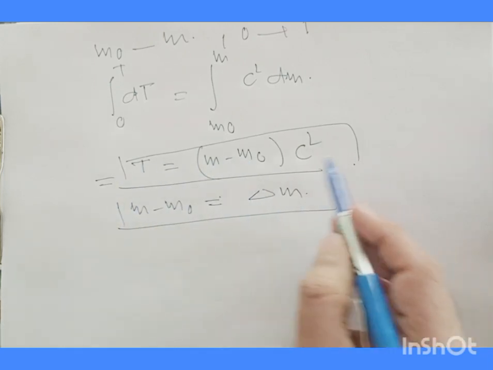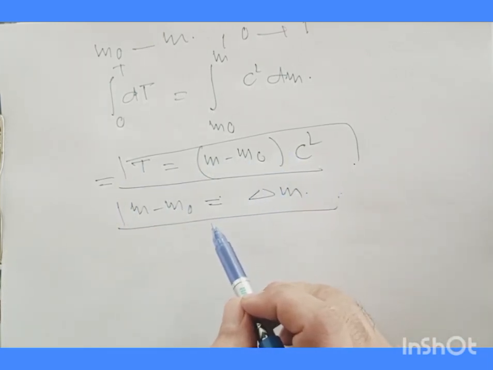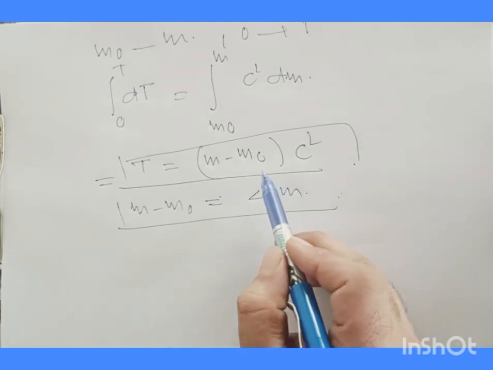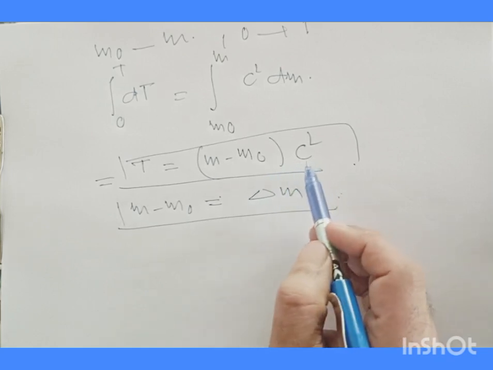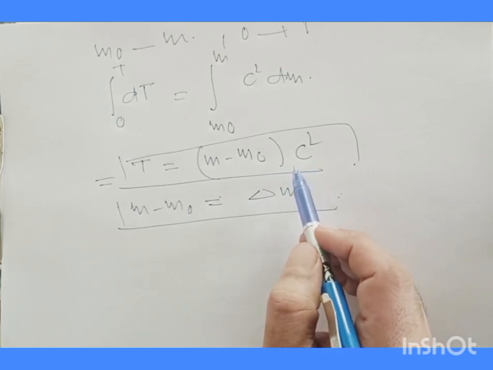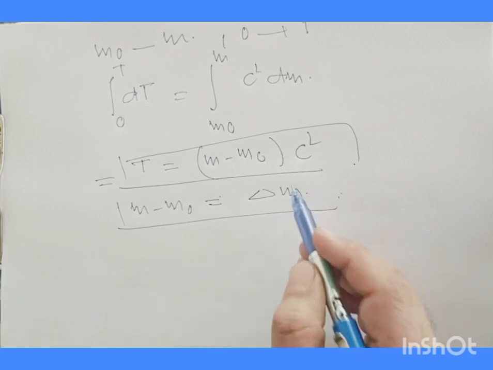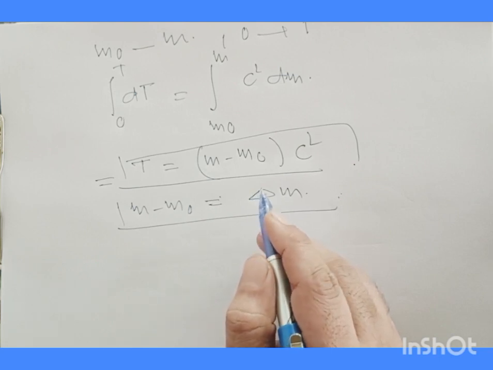Now this equation that we have obtained is called the relativistic expression for kinetic energy. And in this expression, this m naught c square may be regarded as the rest mass energy of the particle. So the total energy possessed by the moving body is basically the sum of its rest mass energy and the kinetic energy of the body.